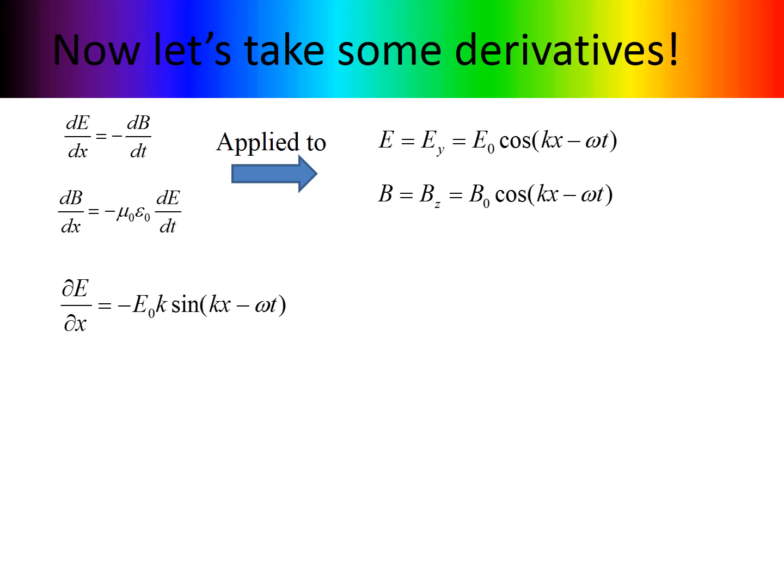And let's do the same thing for each of these. If we take a look at the two equations up top, we're going to want negative dB/dt, then dB/dx, and negative mu sub 0 epsilon sub 0 dE/dt. And then we're going to set these things equal to each other to come up with our final equation.